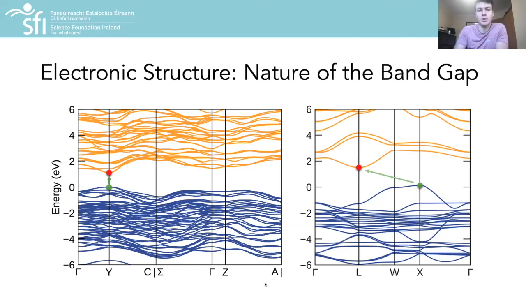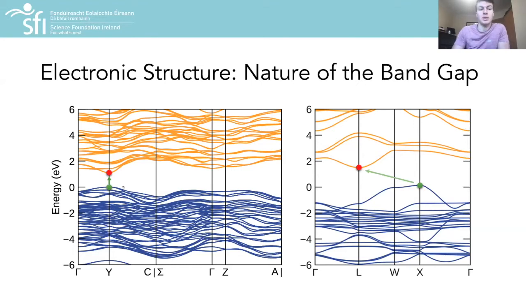Because photons have near zero momentum, certainly relative to electrons, which would correspond to changes in reciprocal coordinates for our electrons, kind of like a horizontal transition, electrons can only undergo directly vertical transitions with photon absorption. So when an electron is struck by a photon, it can provide the energy, but will provide no momentum change.